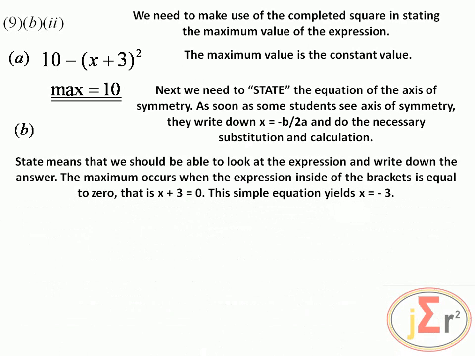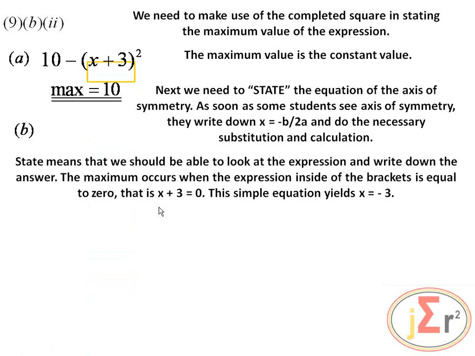The maximum occurs when the expression inside of the brackets is equal to 0. That is, x plus 3 is equal to 0. If x plus 3 is equal to 0, this simple equation will yield x is equal to negative 3. What do we add right here with 3, and the result is 0? A negative 3 will do it.